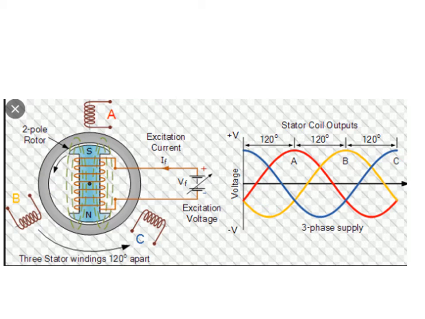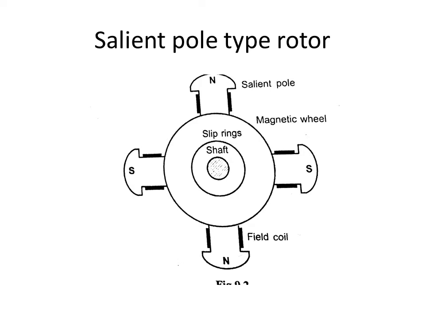You can see in this right-side diagram red, yellow, blue waveforms with a 120-degree phase difference with each other. This is the stator coil output. So it is a three-phase AC generator, a synchronous generator, also called an alternator.